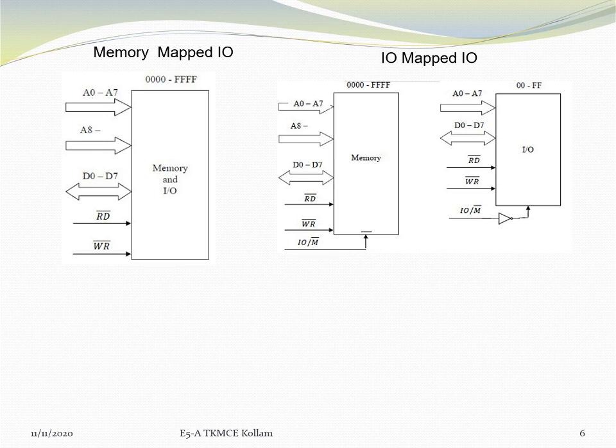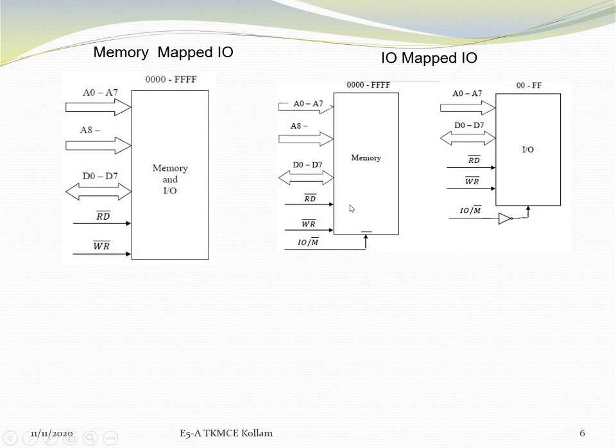Similarly, when we are considering I/O read and I/O write, when I/O related instructions like IN and OUT are used, the microprocessor places an 8-bit address on address bus lines A0 to A7 and A8 to A15. Then the IO/M bar line is made high. Then the microprocessor makes the RD bar signal low during the second clock cycle for read operation, and the WR bar signal is made low during the second clock cycle for write operation.